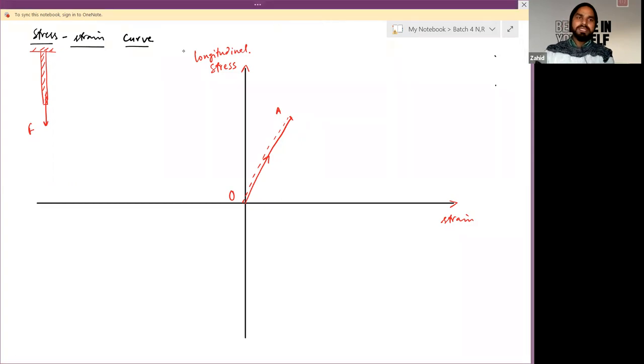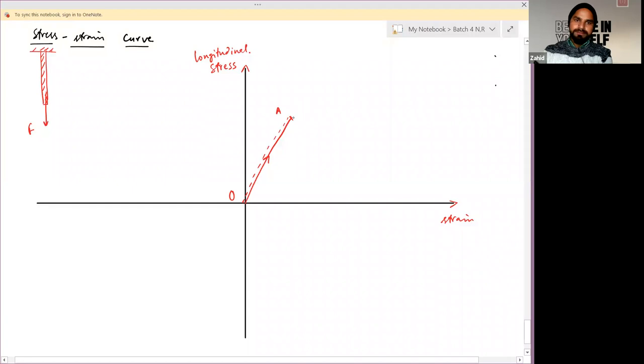Now, if you further stretch it till this point B, the object will still have the property of elasticity, but it would have lost some amount of elastic behavior, due to which it will get slightly deformed.